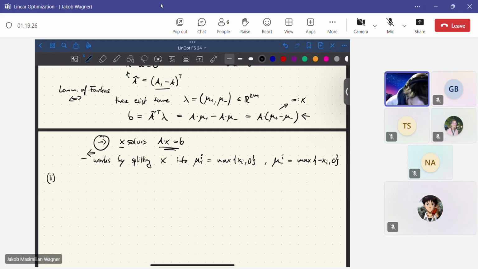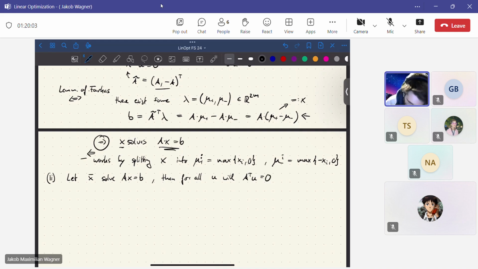So let's first start again with one of the statements, and so we start with the solvability of the equation. So let x bar solve Ax equal to b. Then we have that for all u with A transpose u equals 0, what do we get?